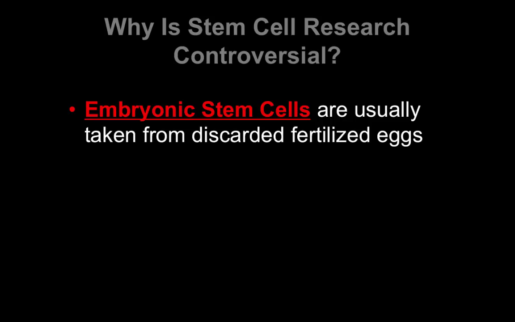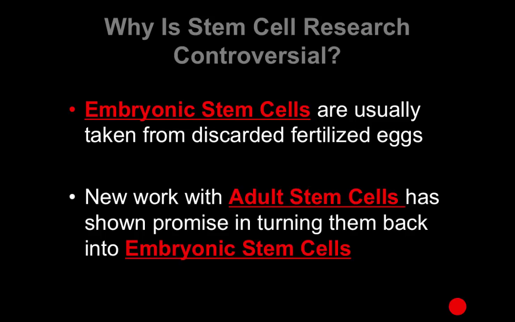And so right now, stem cell research on embryonic stem cells cannot be funded by the government. However, there's a lot of hope that in the future we'll be able to actually take adult stem cells and turn them back into embryonic stem cells, and then we could do all kinds of things and potentially open up a whole new avenue of solving diseases and other issues.